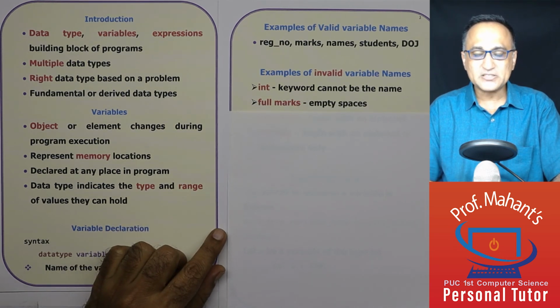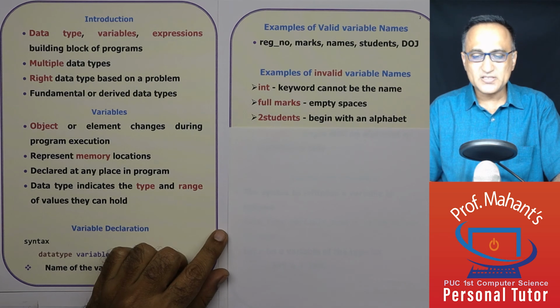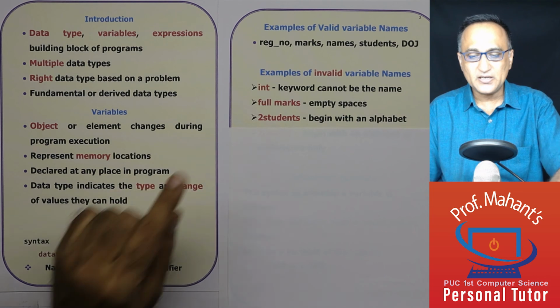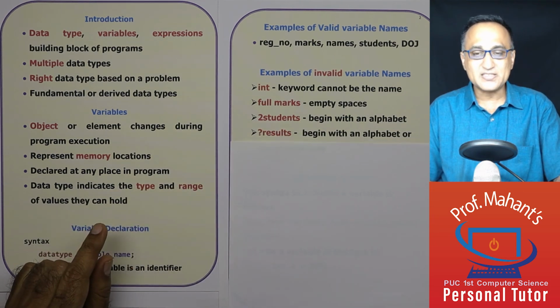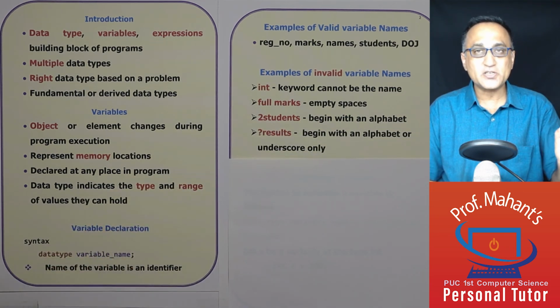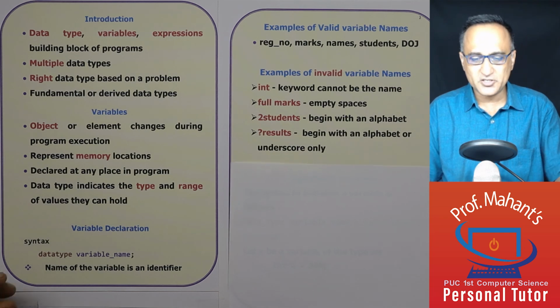Full space marks, you cannot have space in variable names. Two students, it has to begin with an underscore or an alphabet. It cannot begin with a number. Question mark results, it cannot begin with any special symbols. It has to be either an uppercase letter, lowercase letter, or underscore, and after that you may have 0 or more digits.